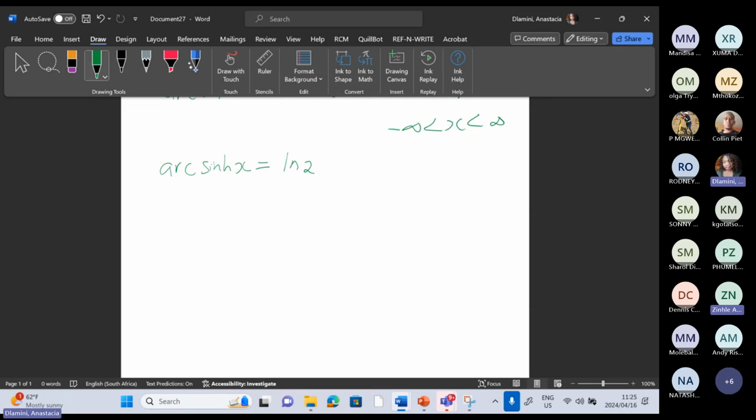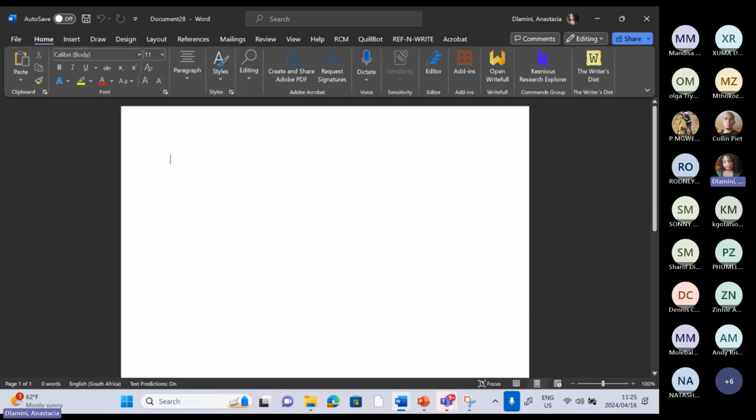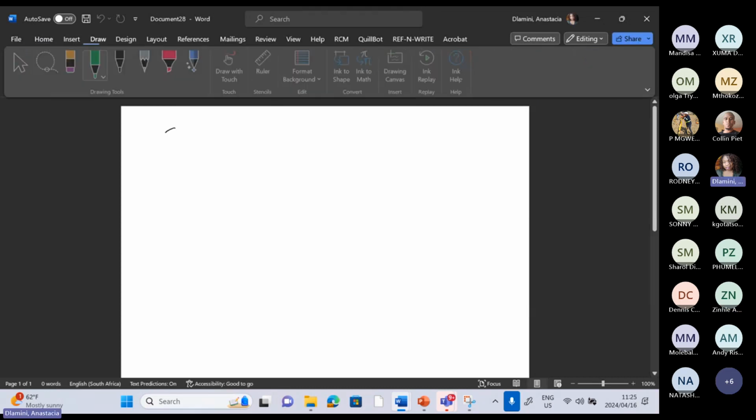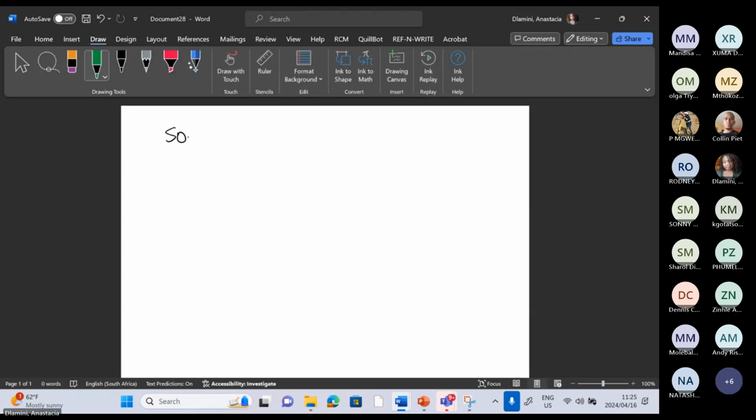How do you think you'll solve that? Can someone tell me? Write it nicely. They say solve for x. Now you have arcsinh of x is equal to ln of 2.